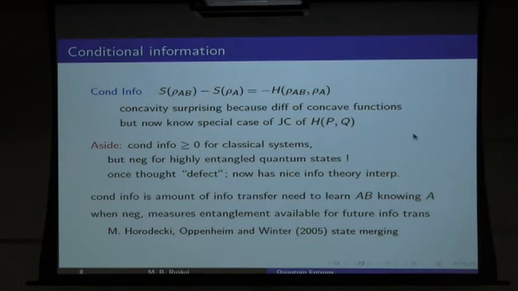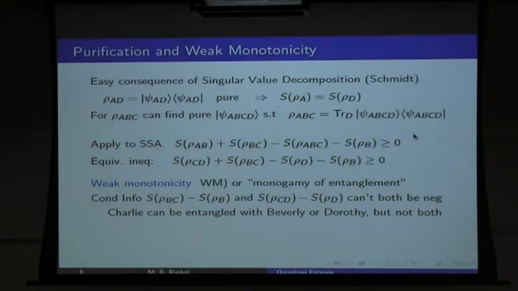You simply go back to the information theoretic interpretation that, roughly speaking, conditional information is the amount of information you need to transfer to learn about a joint system when you know about a partial system. And when it's negative, it simply means that you have more information than you need. You have these additional correlations that you can save and use for future information transmission. And a very precise mathematical and elegant formulation of that was made in 2005 by Horodecki, Oppenheim, and Winter with a process called state merging.